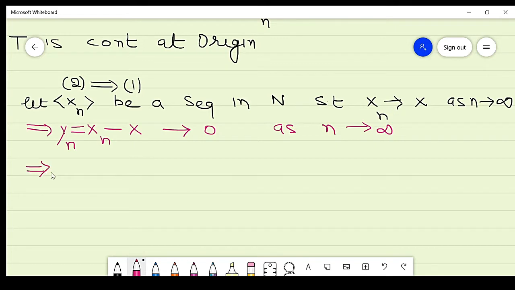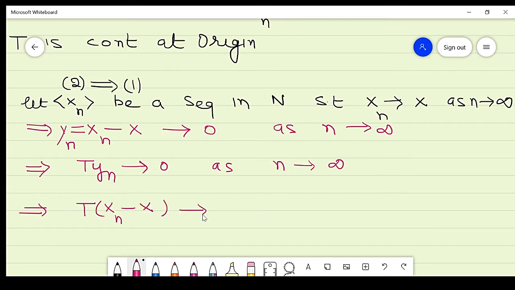By the given statement, T is continuous at origin, so T of yn approaches 0 as n approaches infinity, right? It implies, what is T of yn? This is T of xn minus x, which approaches 0 as n approaches infinity, right?